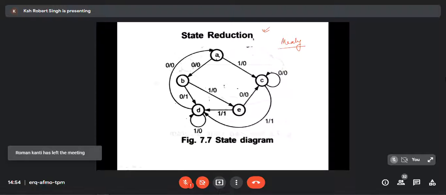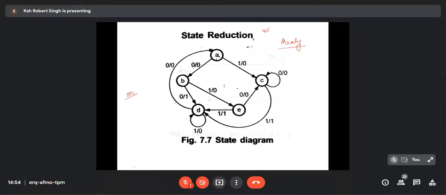And from the state table, you should see whether I can reduce my state table. I'm having A, B, C, D, E, 5 states. If I have 5 states, I definitely require 3 bits, which means I may require 3 flip-flops.